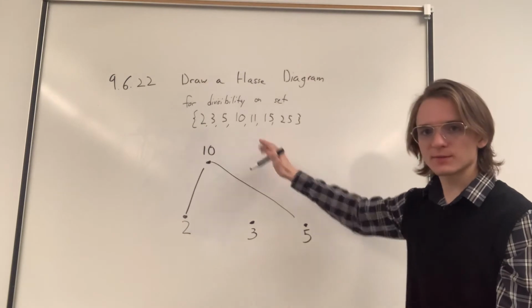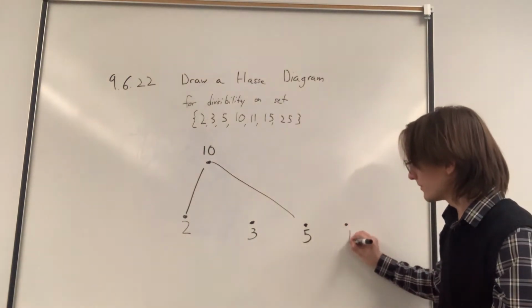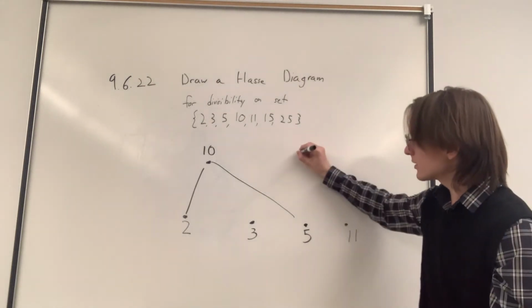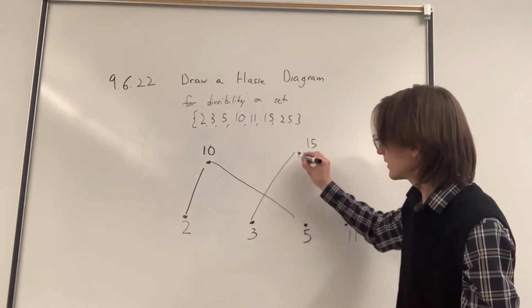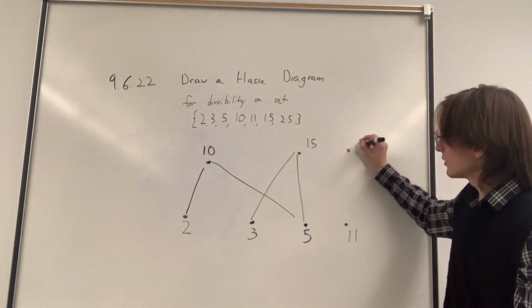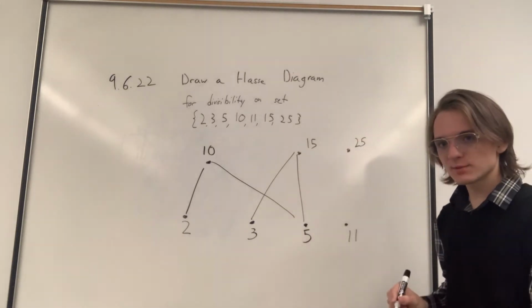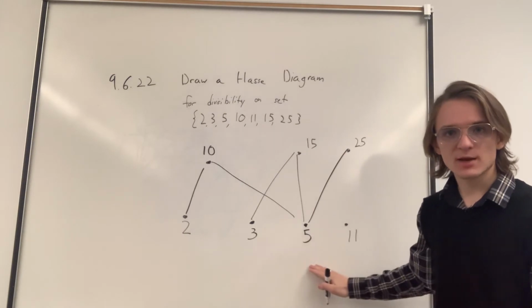Okay, we go on to 11. 11 isn't divisible by any of these, so 11 goes at the bottom. 15 goes on the second level, and 15 is divisible by both 3 and 5. Finally, 25 is divisible by only 5, and this completes our Hasse diagram.